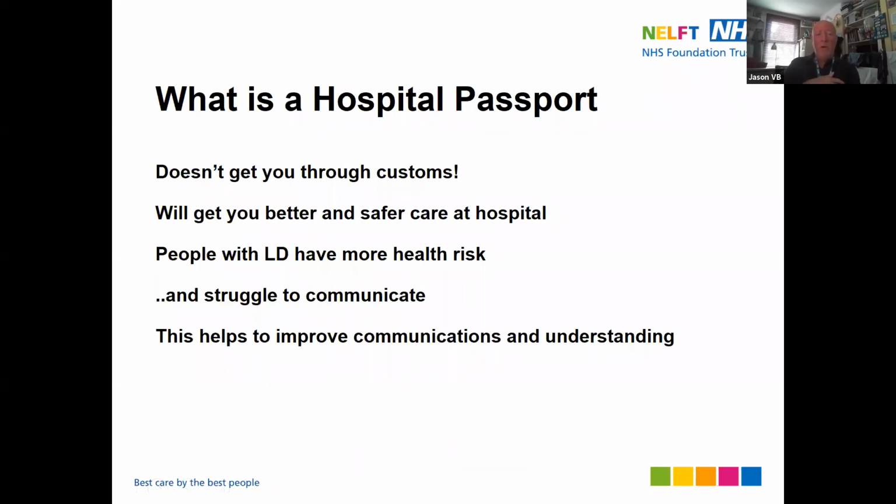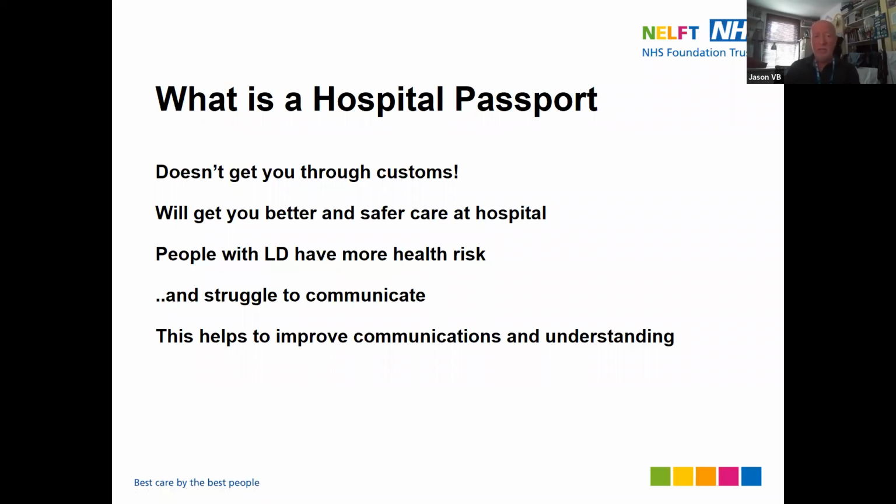So a hospital passport doesn't get you through customs. It will get you better and safer care at hospital. People with a learning disability have more health risks than neurotypical people, and quite often they will struggle to communicate.